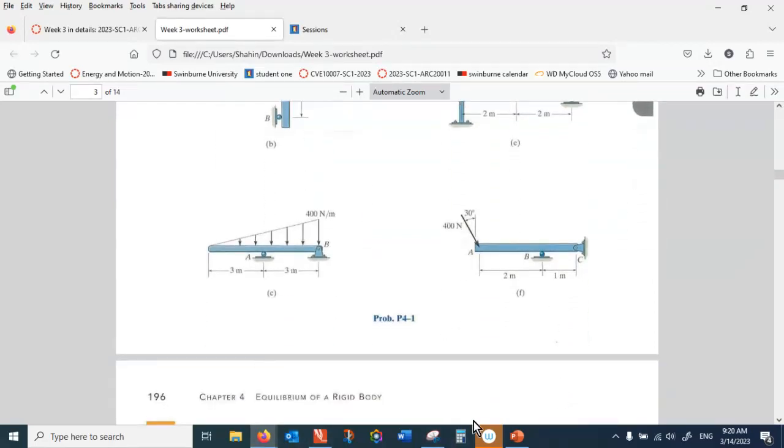So let's try this one. We want to make a free body diagram of that one. All right, so here my envelope should release this from B, from C. So that is my envelope. And at C, it's a pin. It won't offer any resistance to rotation. So no moment at C, only two components of reaction, horizontal and vertical.